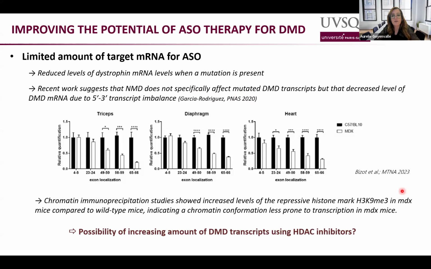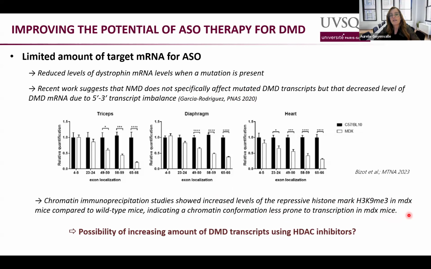And some of the work in this paper from LUMC was doing chromatin immunoprecipitation, showing that there was actually an increased level of repressive histone marks in the dystrophic animals. That indicates that chromatin conformation would be less prone to transcription in these animals.